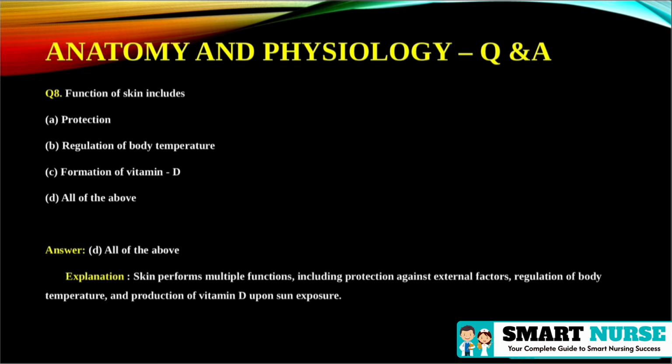Skin helps in formation of vitamin D. It helps in the absorption of some molecules. So, the exact answer is all of the above. Skin performs multiple functions including protection against external factors, regulation of body temperature, and production of vitamin D upon sun exposure.